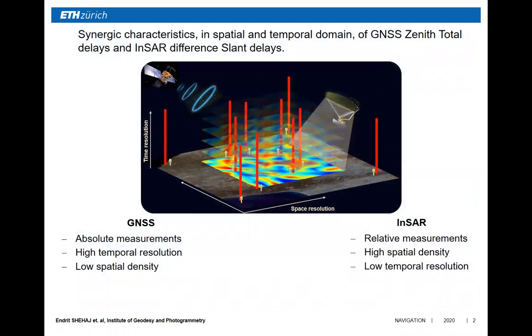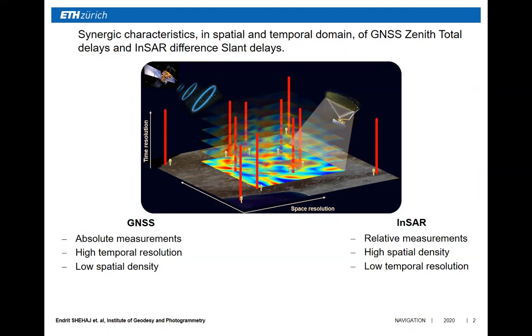GNSS and InSAR have synergic characteristics in the spatial and temporal domain. For instance, as you can see in this figure, the vertical axis is the time resolution, and the horizontal axis is the space resolution. GNSS, the points in red, are quite continuous in the vertical axis, but not continuous in the horizontal axis.